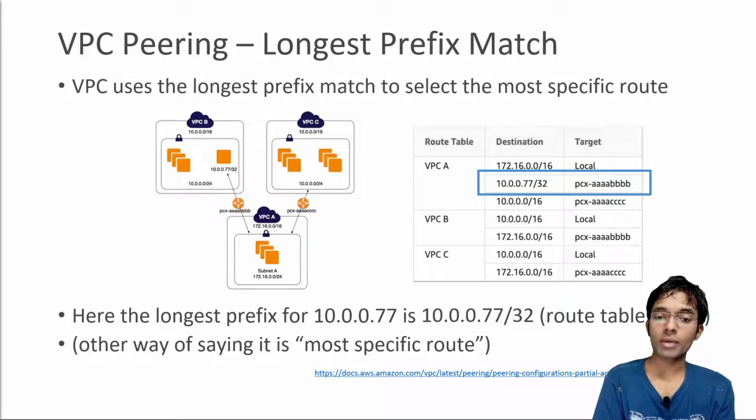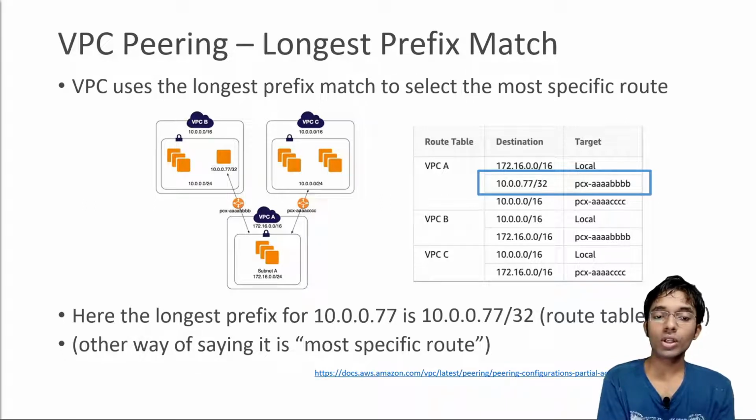Next, the longest prefix match. So VPC uses something called a longest prefix match to select the most specific route. Let's have an example here with VPC A, which is peered with VPC B and VPC C. As you can see on your screen, VPC B and VPC C are set up exactly the same way. They have the same CIDR block, and they have the same subnet CIDR as well.